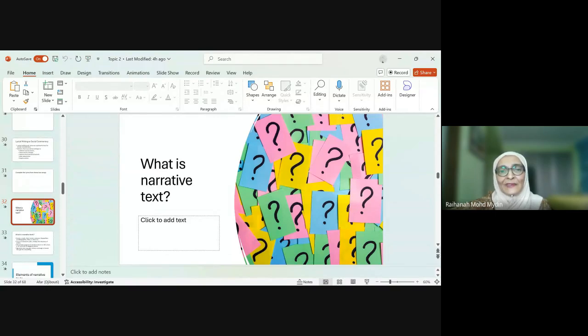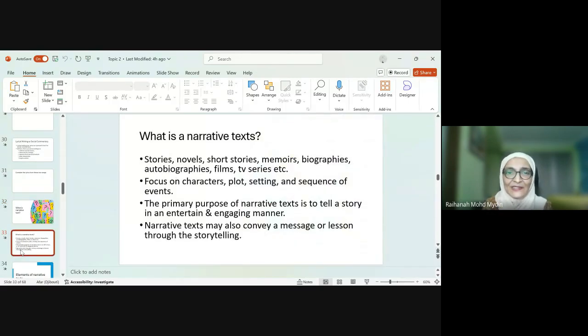Another kind of text or discourse is narrative text. This is what your focus will be in your respective courses, be it at the undergraduate or the master's level. So what are narrative texts? Narrative texts are, as you would know, all forms of stories.